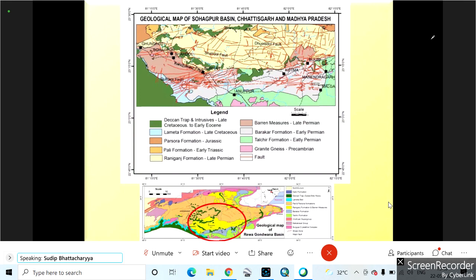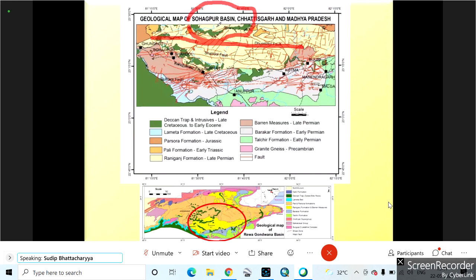Actually, what you can see here is that there is a dike system over here, this green part, and it is like this. I am not going to the northern part. These are the ring dikes, and just below the ring dikes is the Bamni Chilpa fault. Here we are getting the CBM.